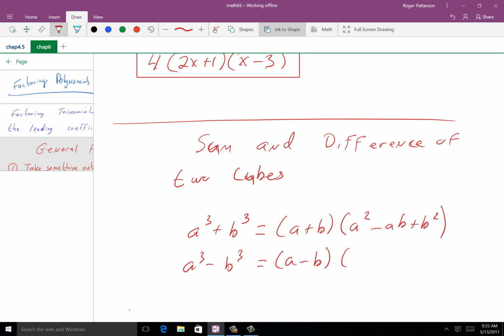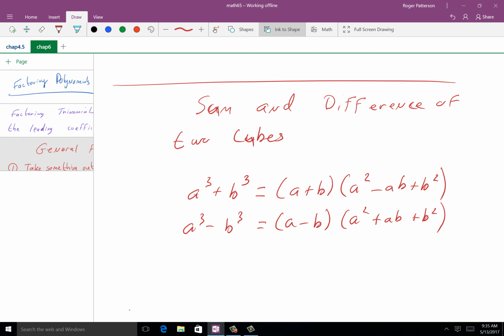So for example, here's one. Now 8 is a perfect cube because 2 times 2 times 2 is 8. We can add cubes to the chart if you want to. It's not a big deal. But here's how this is going to work. So x cubed minus 8 follows this one. This says you would take whatever this is to the third.